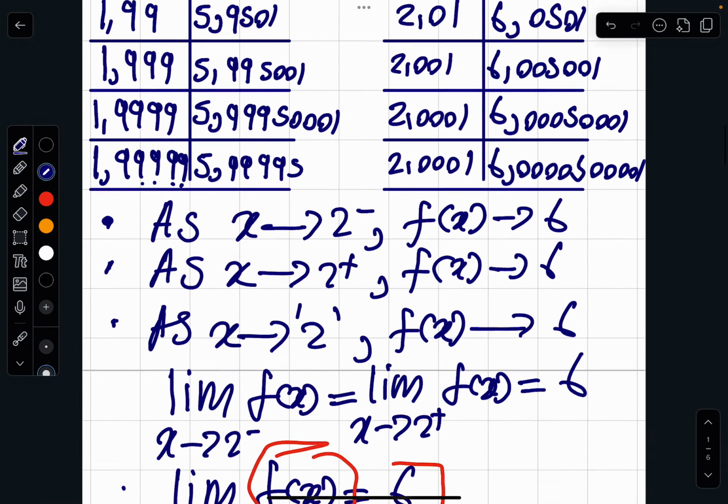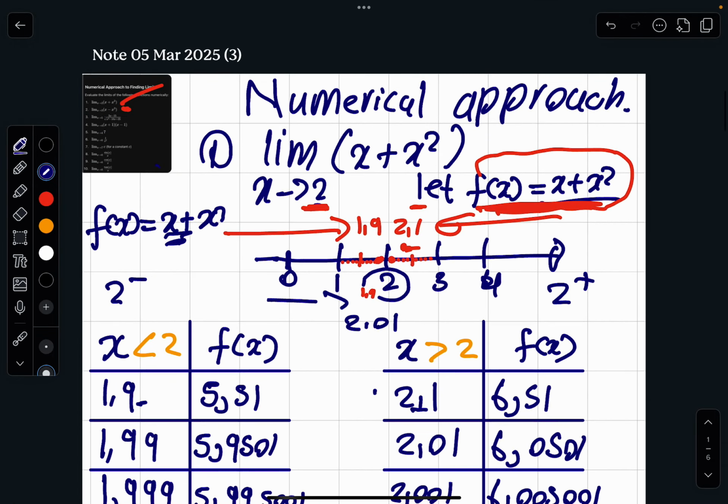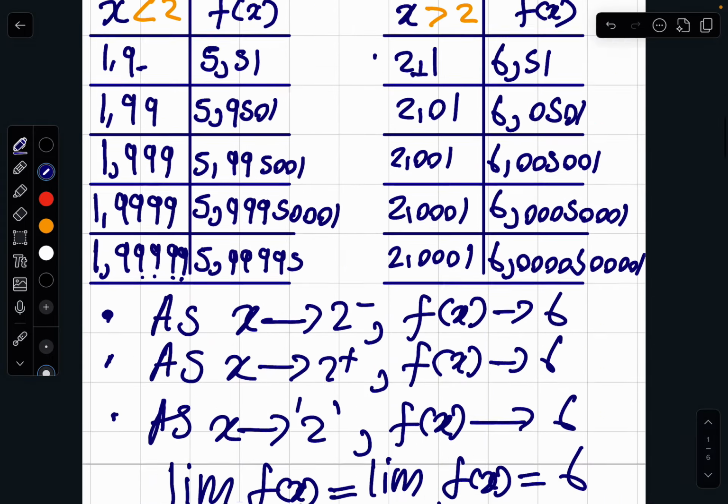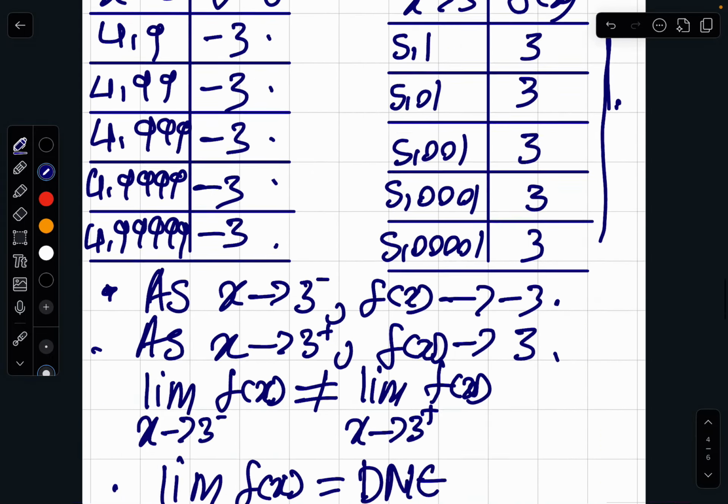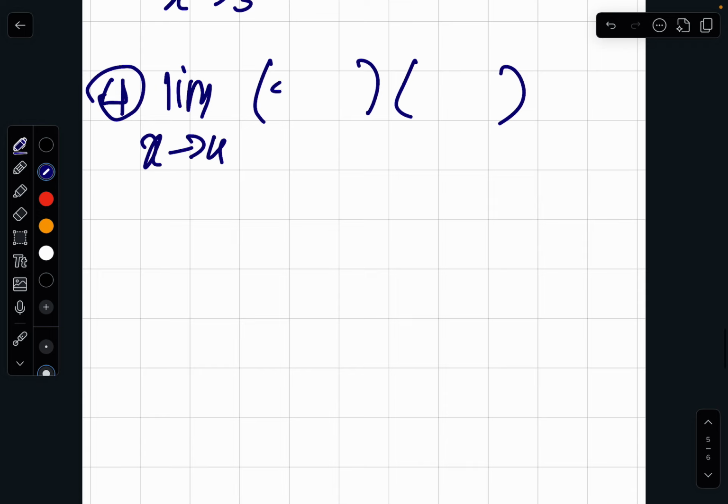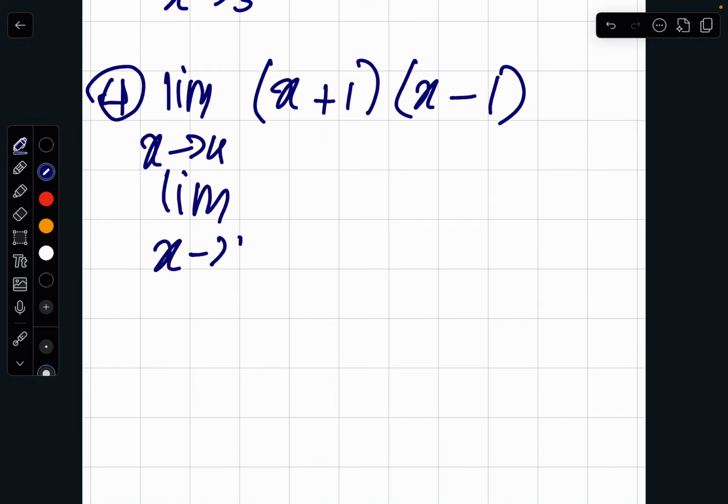We have x plus 1 and x minus 1. This thing is a difference between two squares. I can still write this as x squared minus 1.